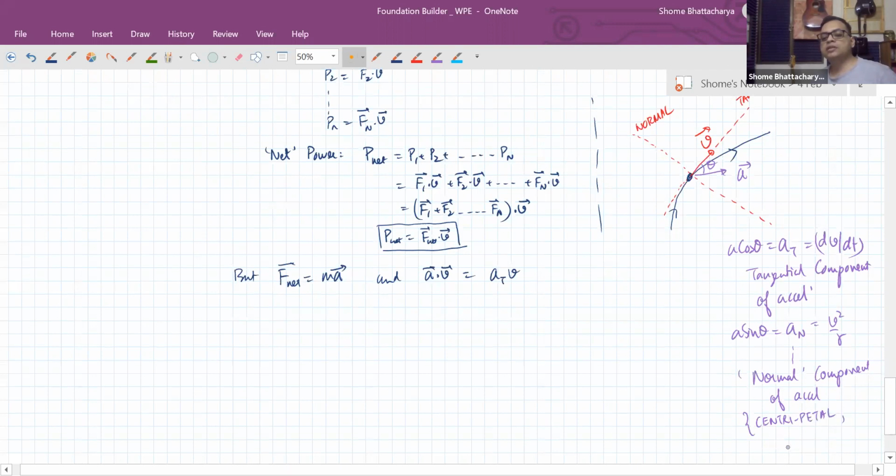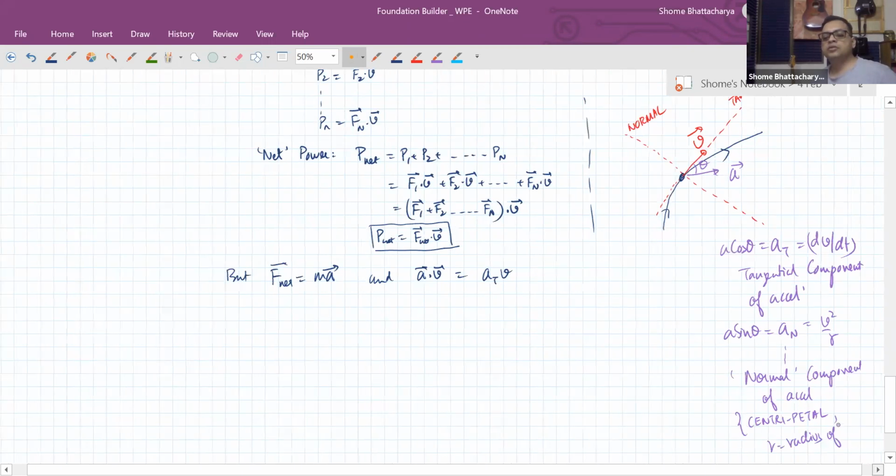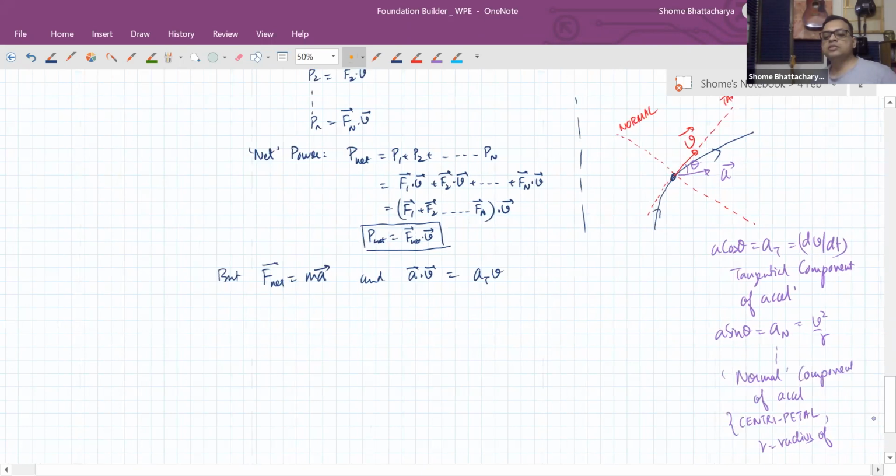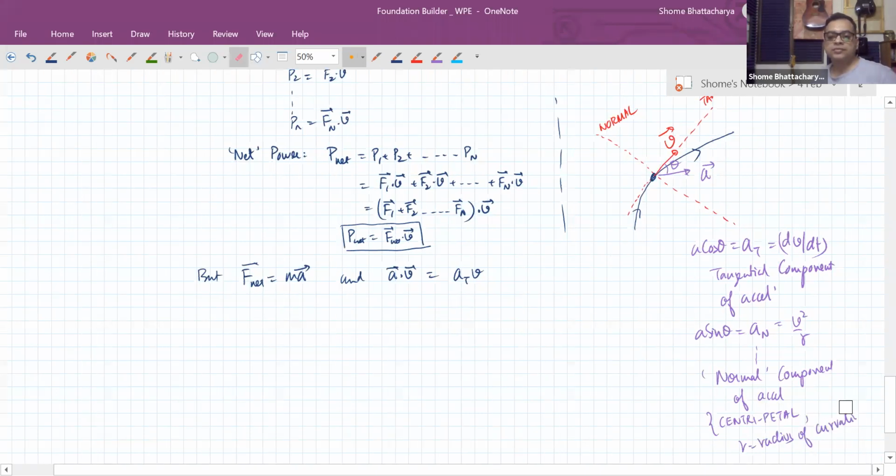And r is the radius of curvature of the path. So here we don't need to worry about this because this part will not come into play. It is only the tangential acceleration which will come into play.